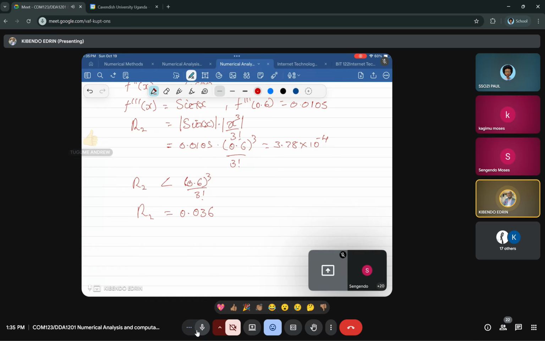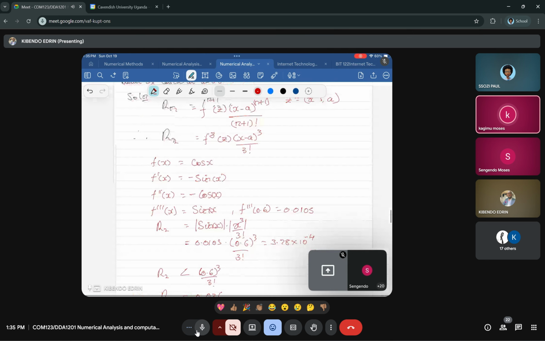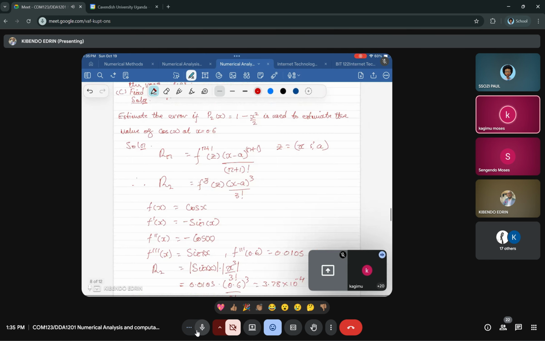Now, what was the use of the second polynomial here in this entire question? To let you know that it is R2. So I have a question. Can that polynomial in reality be the one for cos x?